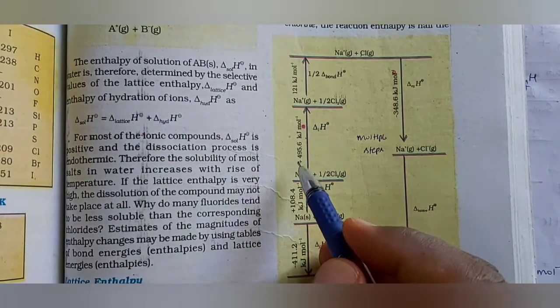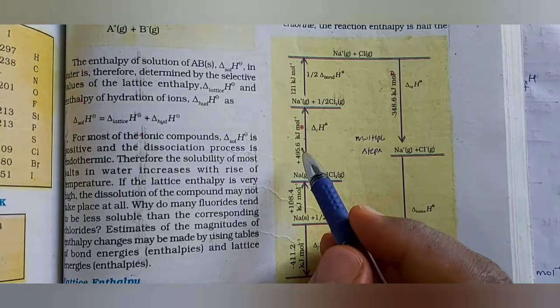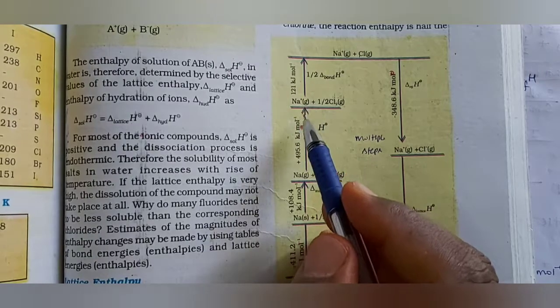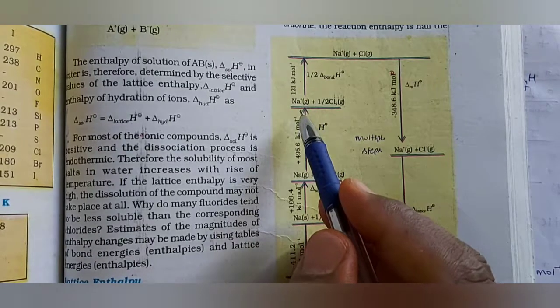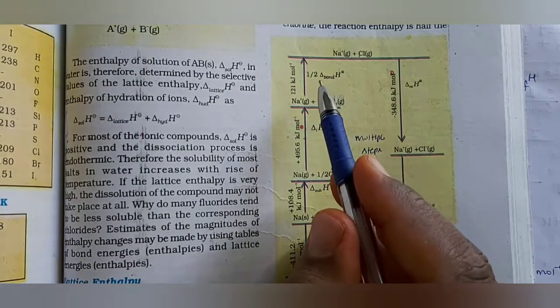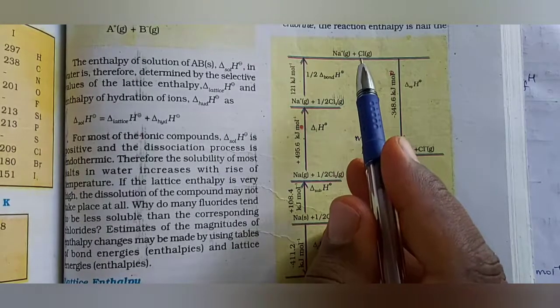That is called ionization enthalpy, given as plus 495.6. Then half Cl2 absorbs some energy, which is half of the bond dissociation enthalpy of Cl2, and we get Na plus and Cl gas.